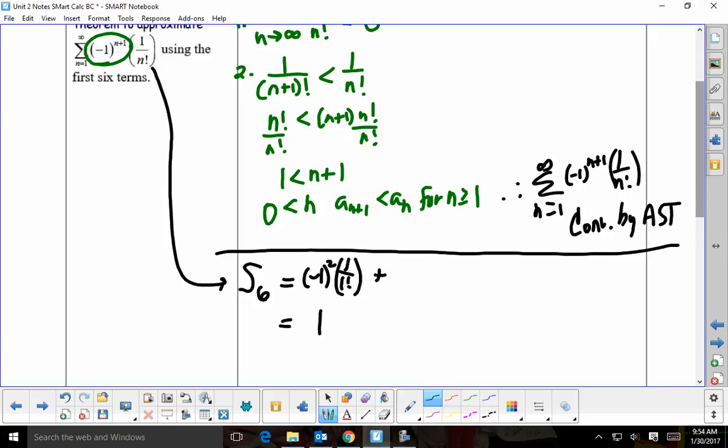Minus 1 half, minus 1 over 2 factorial, which is the same as minus 1 half. Keep writing out the next few terms on your own. Now walk around if you need help.